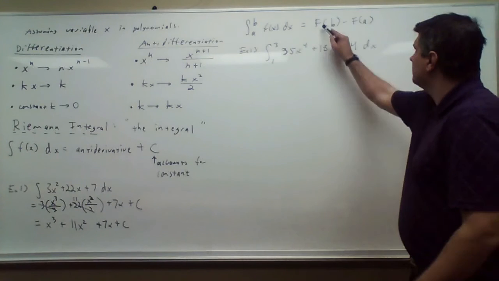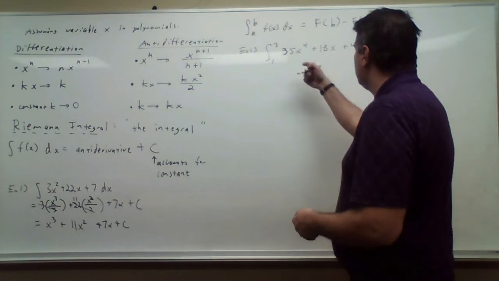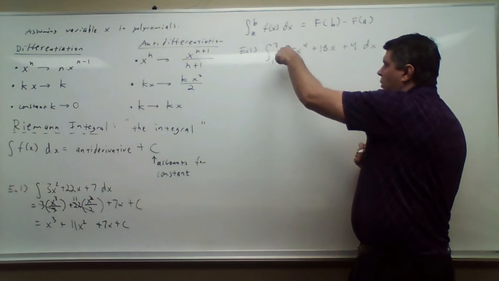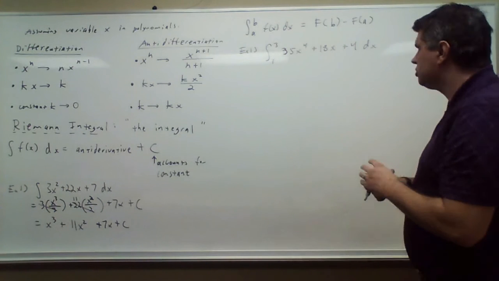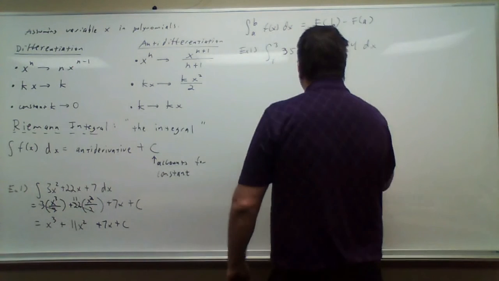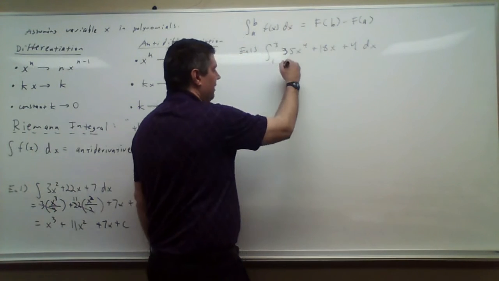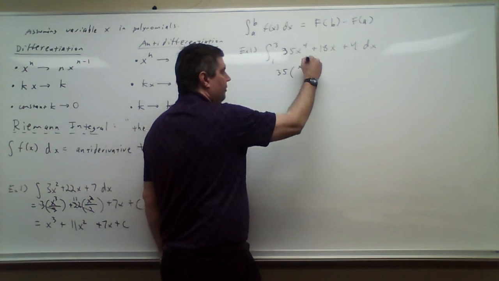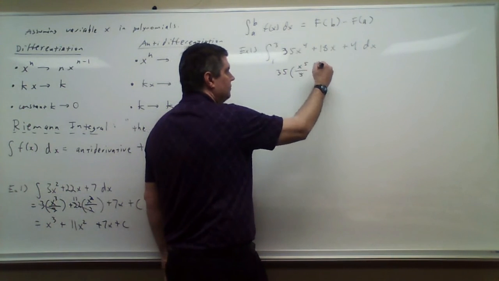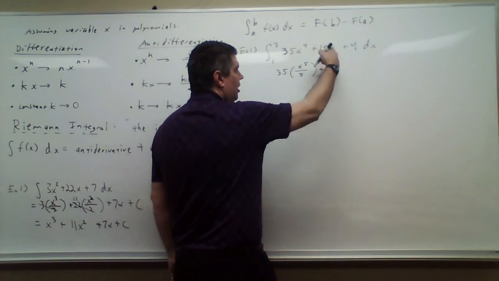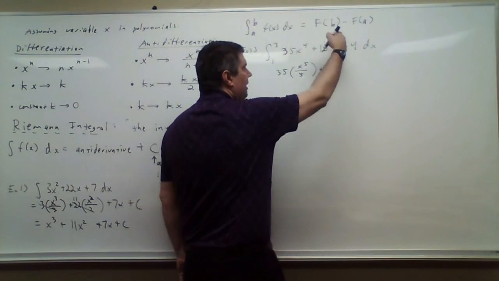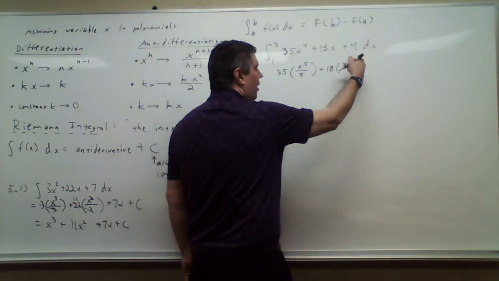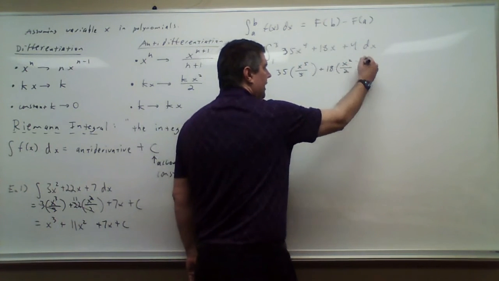So what you would do, this integral has boundary values 1 and 3. So we will still find the antiderivative. This will be 35, and this will go up to x to the 5th over 5. Plus, this is 18, and then you go from x to the first to x squared, and the new power on top is also your new denominator.